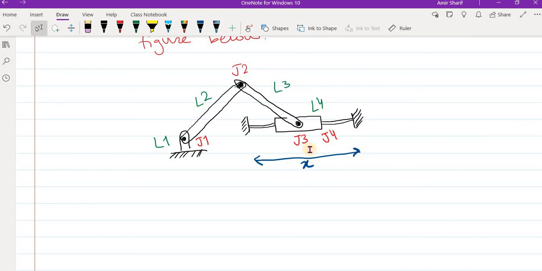Just by looking at it, can you tell what are the degrees of freedom of this robot? I think just by looking, it's a little bit difficult. So let's apply the Grubler's formula.